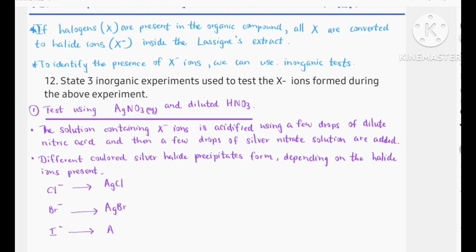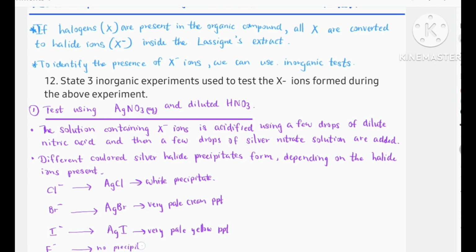Chloride ion forms silver chloride, a white precipitate. Bromide ion forms silver bromide, a very pale cream precipitate. Iodide ion forms silver iodide, a very pale yellow precipitate. And fluoride ion forms no precipitate.